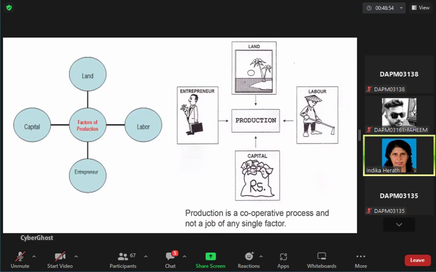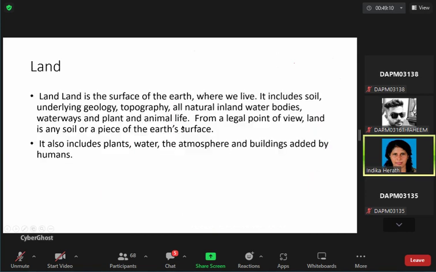So we talk about that aspect of capital. And labor, once again, in this course we will not be focusing on these three mainly. We will be looking at the land aspect, right? Any questions so far?